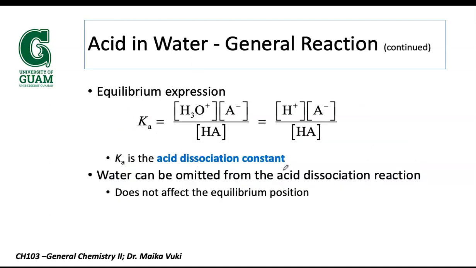Now, that leads us into calculating the K value. We already understand that the equilibrium constant is the concentration of the products divided by that of the reactants, raised to their coefficients. So if you have an acid dissociation, we can write the equilibrium constant in the same manner that we have learned in the previous chapter. Notice that it'll be the concentration of the products, hydronium ion and the anion, divided by the concentration of the acid.